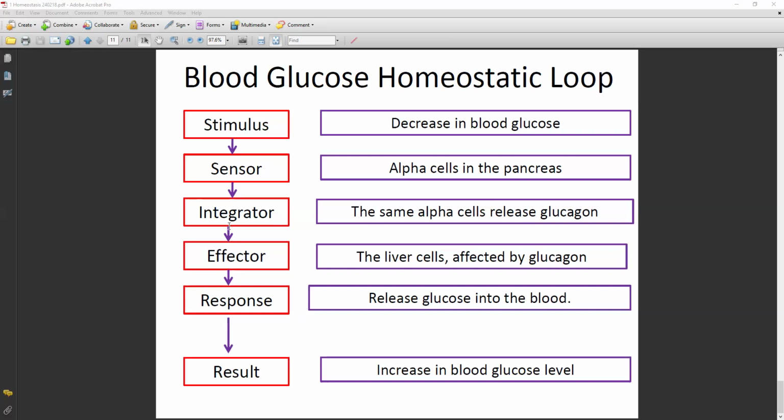The arrow from the integrator to the effector could be a nerve, a wire, direct calling, just a wire to send a signal over, or it can release a chemical. In this case, they release a chemical, glucagon. When they release a chemical into the blood, we call it a hormone.